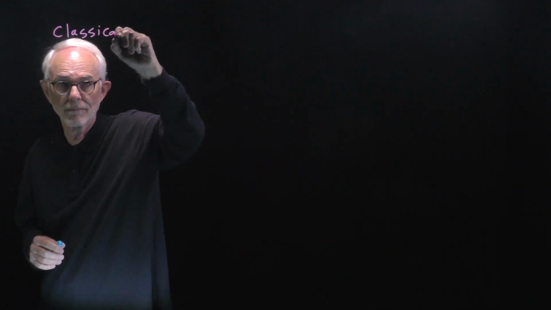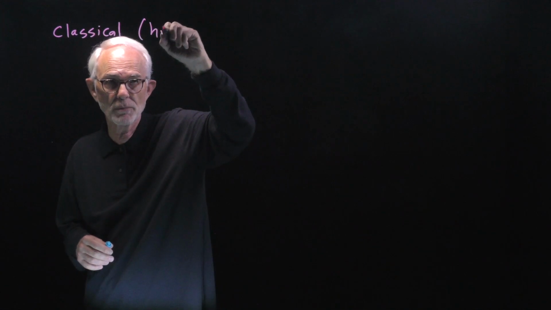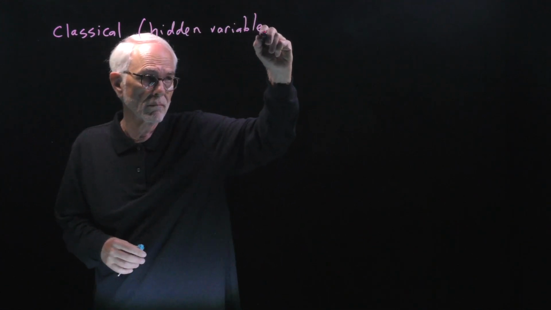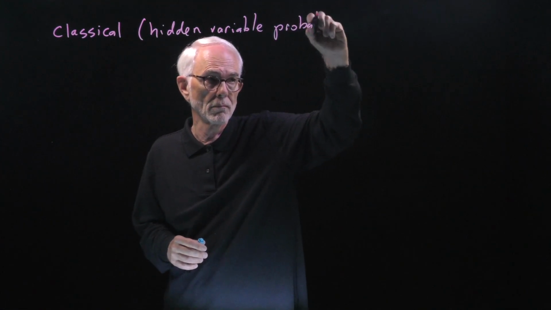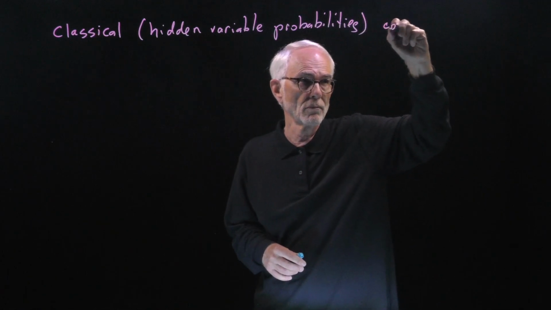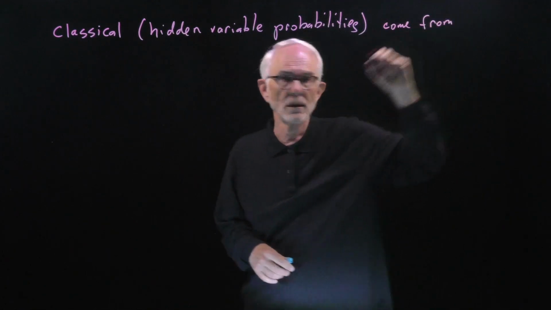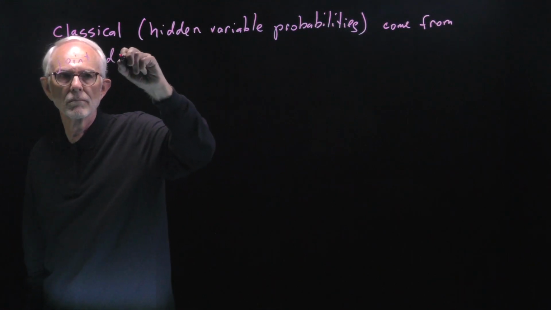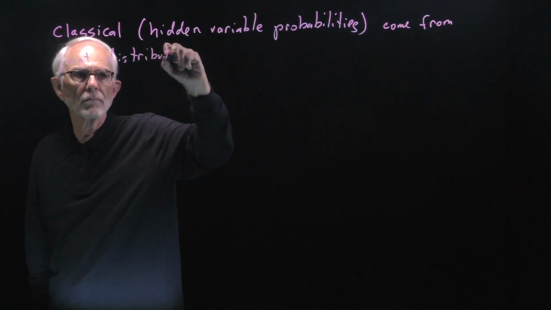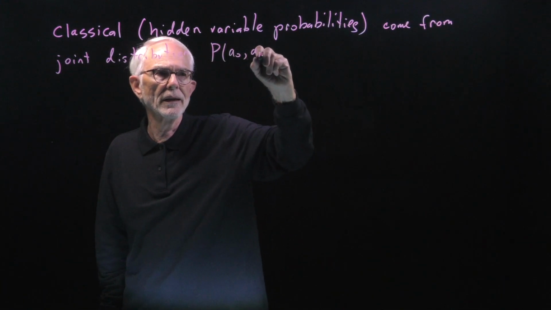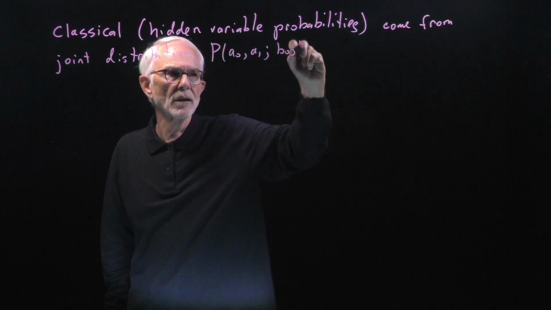So the classical, or hidden variable ones better, come from our joint distribution, which remember looks like P(A0, A1, B0, B1).